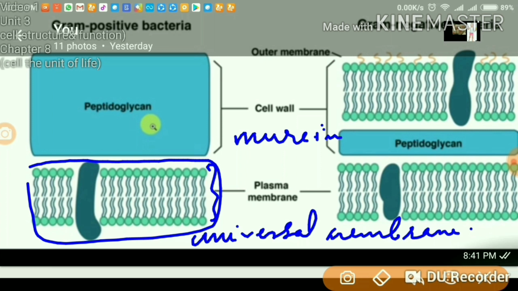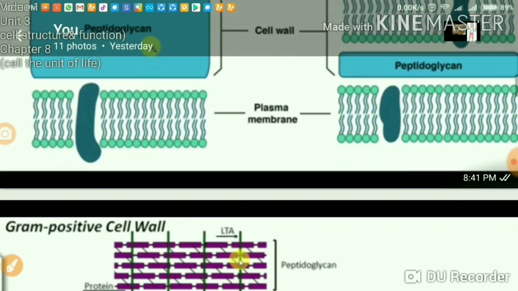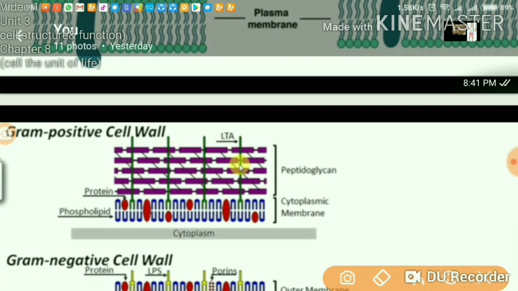In both gram-positive and gram-negative bacteria, it is formed of sugar and protein. It is a polymer of small subunits called NAG and NAM. Here, this much portion forms the peptidoglycan or the cell wall, and you can see small subunits arranged one after the other, connected by means of a small strip or bond.